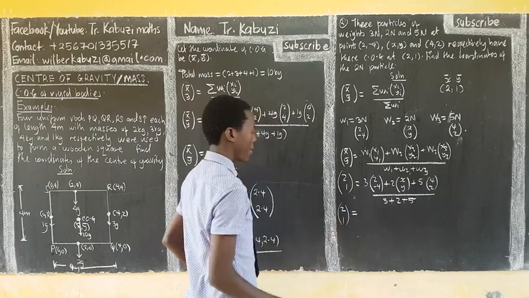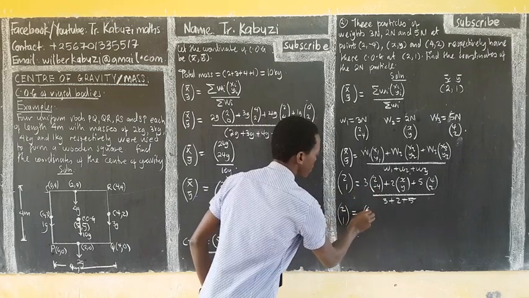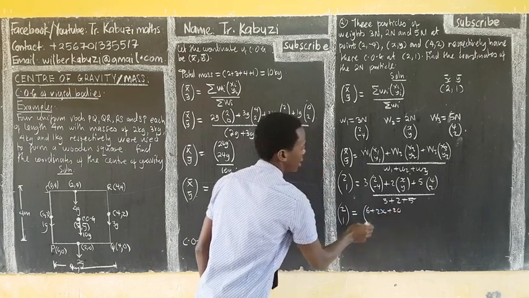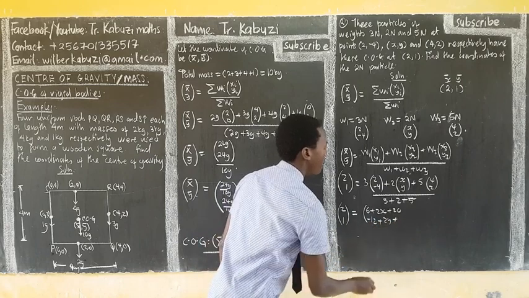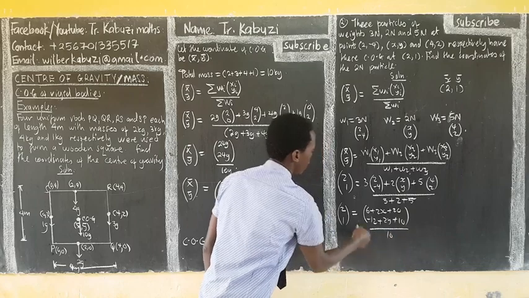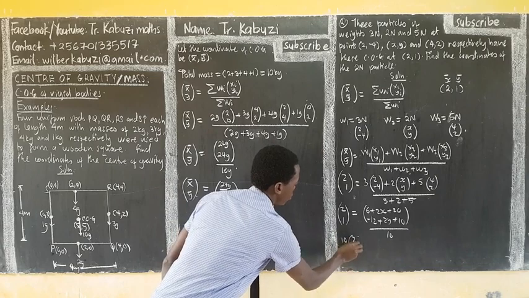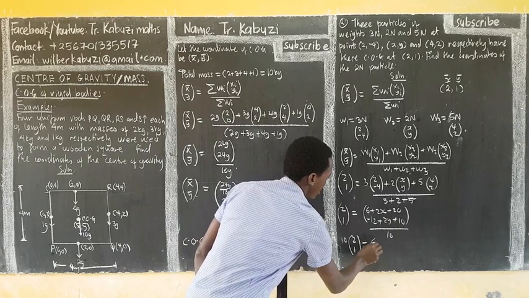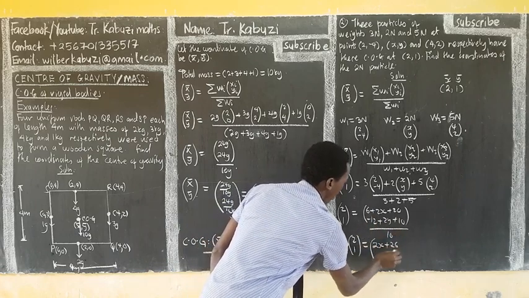Equaling 2, this one is going to give us, up, 6 plus 2x plus 20. Then down we have -12 plus 2y plus 10. Now over 10. By cross multiplying, I have 10 times 2, 1 equaling 2. Can you simplify? This is going to be 2x plus 26.